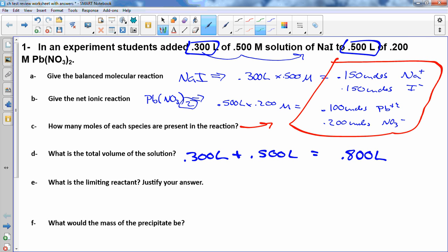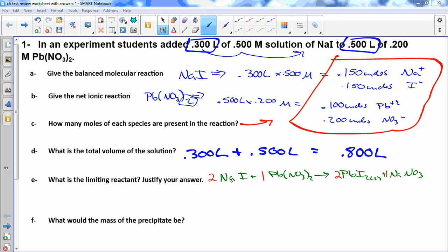All right, what is the limiting reactant, and justify your answer? Okay, I erased it. One second. All right, so I rewrote this reaction again. For the limiting reactant, we have to look at our moles present. We had 0.150 moles of the first thing and 0.100 moles of the second.